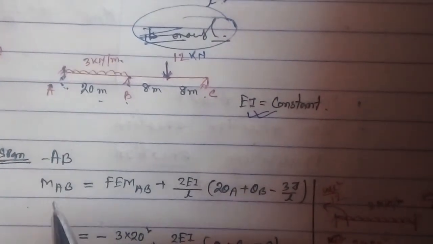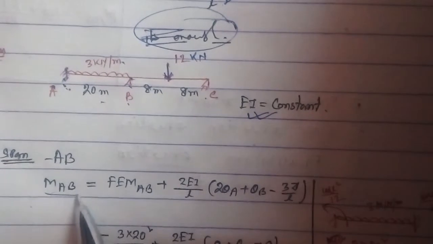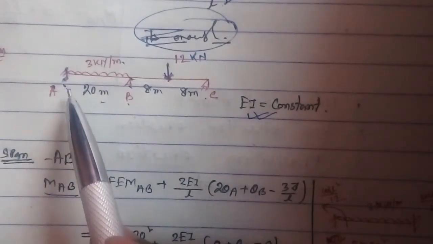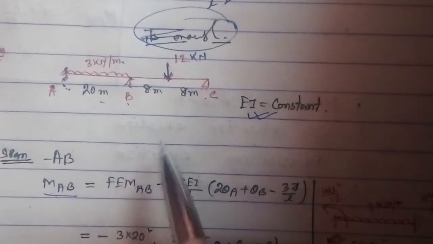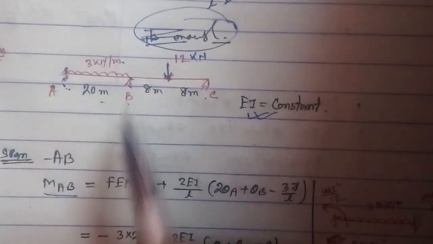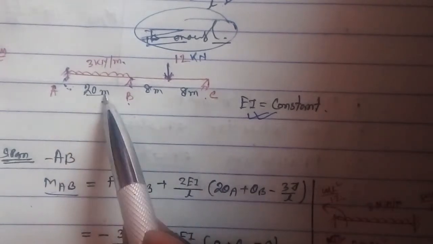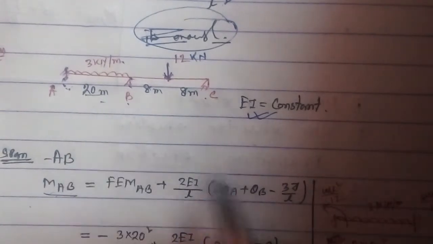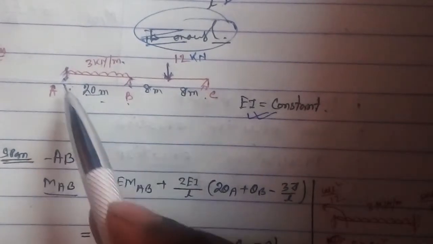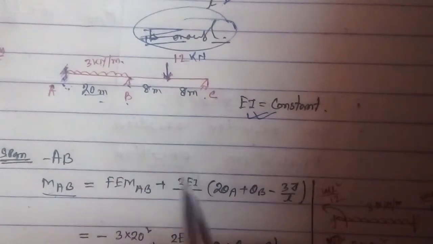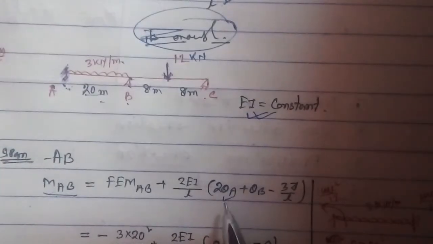For span AB, MAB, the moment at point A, will be FEM AB, the fixed end moment from A to B, plus 2EI by L, where L is the 20 meter length, times 2 theta A plus theta B minus 3 delta by L. And we know that theta for the fixed point will be 0, so the value of theta A will be 0.